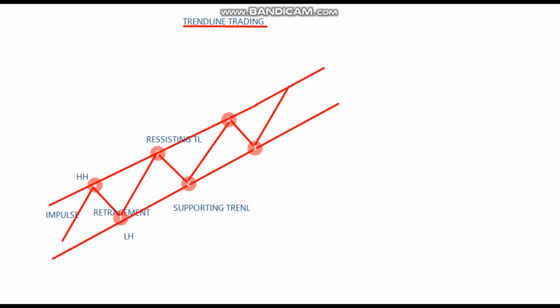Why do we give those names? Because you can see that the price comes here in an uptrend, gives us an impulse, it retraced, it could not break this trend line, it came back down, and it had support in this area. It could not break this line. It went back up, gave us a retracement, could not break this area, and it was just going up, guys.